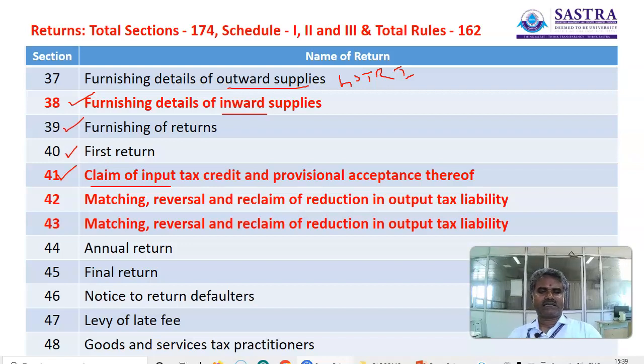Because all of you know, customers are the end point in the supply chain of business transactions. They are responsible for GST. Because this is a consumption based tax. Those who consume the goods have to pay tax.